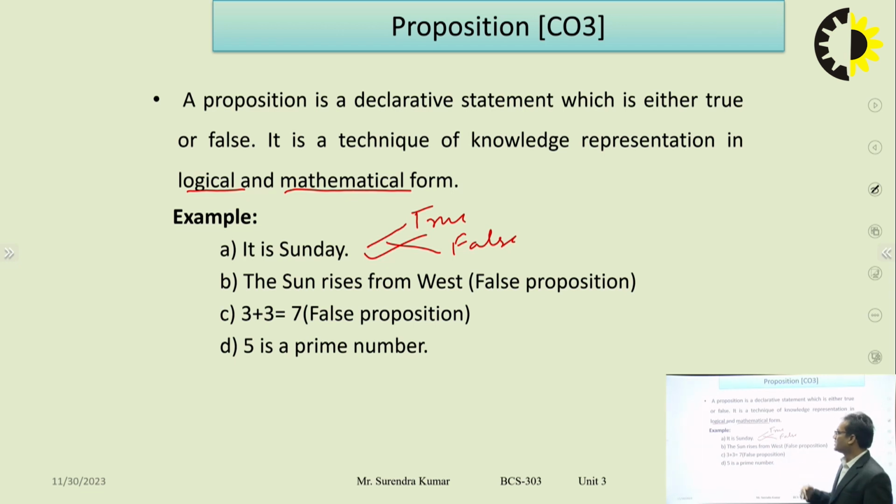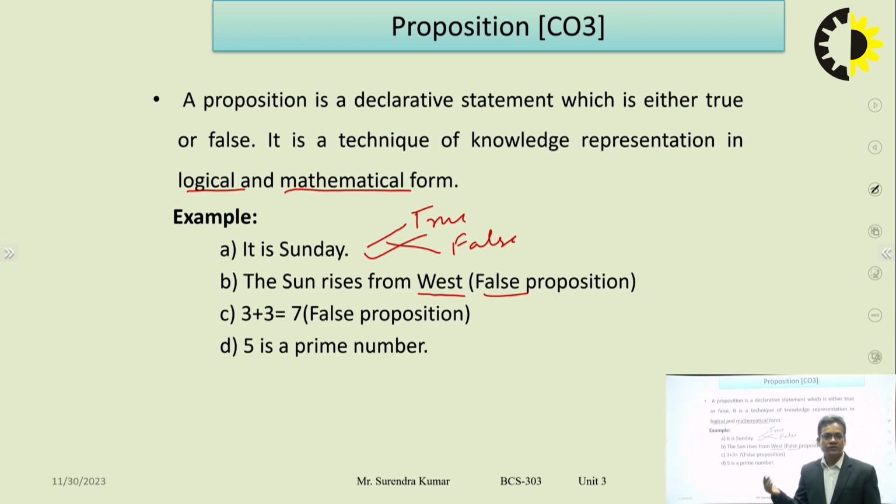Next we take an example: the sun rises from the west. Now this is a universal truth that the sun rises from the east, but here the statement says the sun rises from the west, so it is a false proposition.